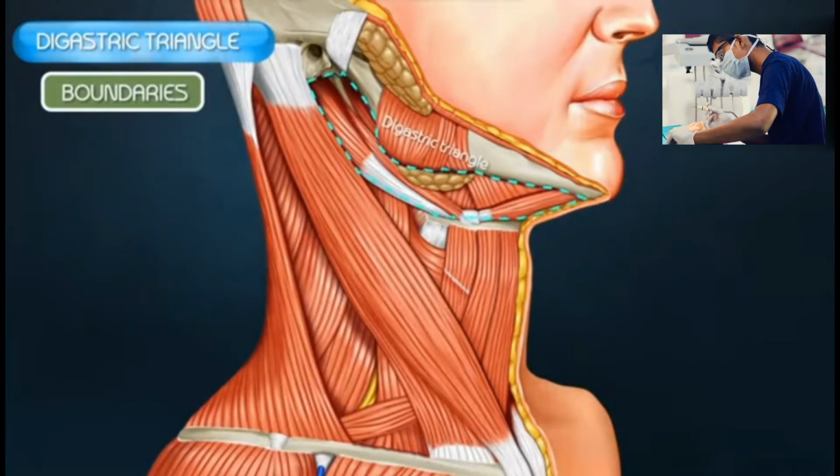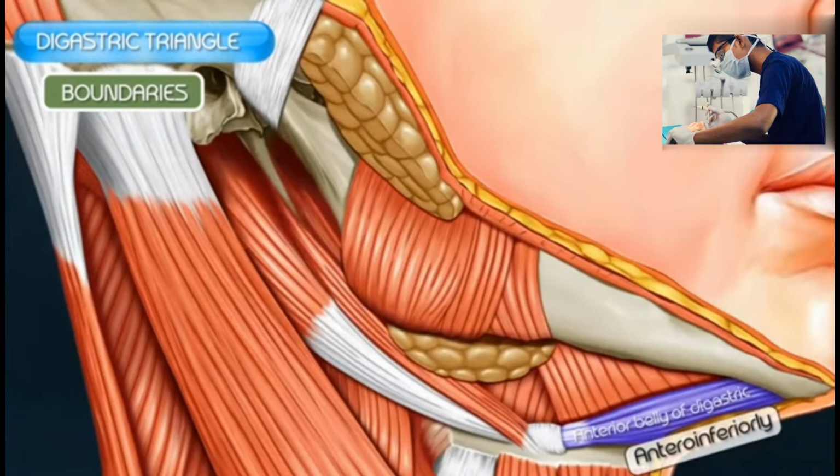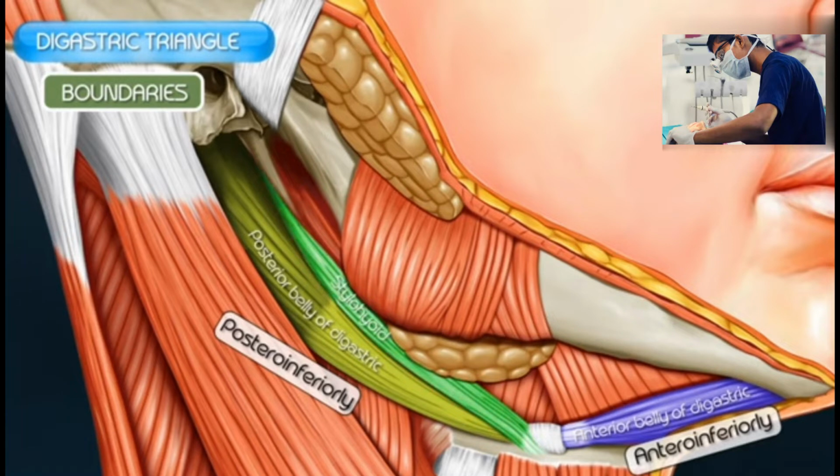Let's start with the boundaries of the digastric triangle. Antero-inferiorly, the digastric triangle is bounded by the anterior belly of the digastric muscle. Posterior-inferiorly, it is bounded by the posterior belly of the digastric muscle and the stylohyoid muscle.